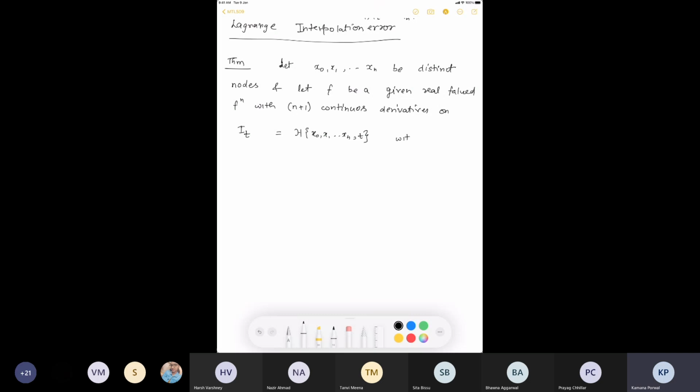With some t, that is, suppose we are given the n+1 data points and we are interested in finding the approximate value of the function f at the point t.